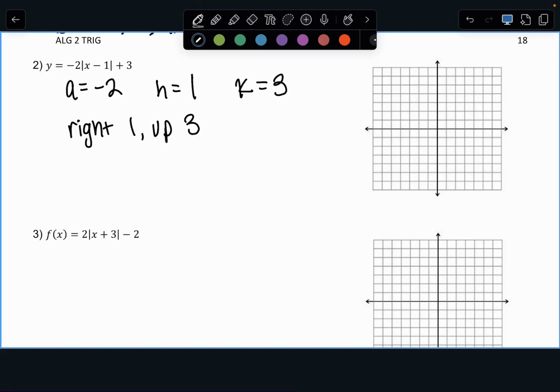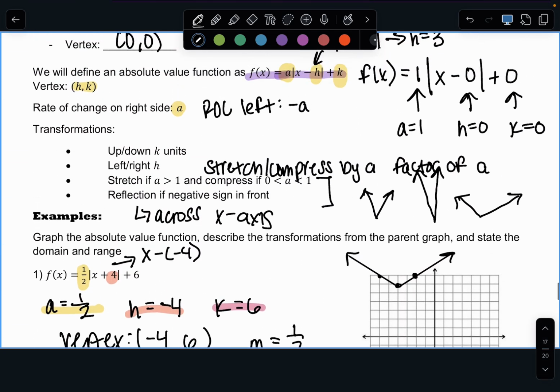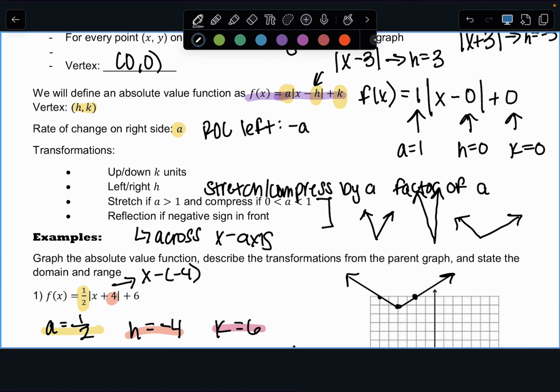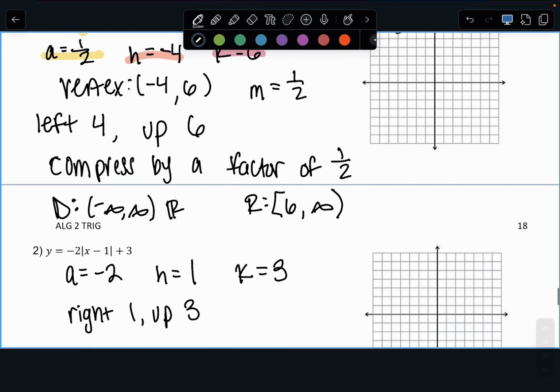Okay. Still going through that bullet point list. Do I have a stretch or a shrink? Stretch. Remember, I get that -2 is less than 1, and that's the rule. A has to be greater than 1. However, when we look at this third bullet point, if there's a negative sign, we get rid of it, and we move the negative sign to the fourth bullet point. So this third bullet point only cares about the actual number, not the sign in front of it.